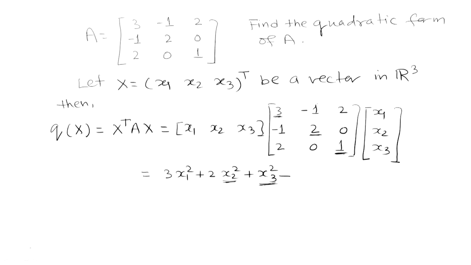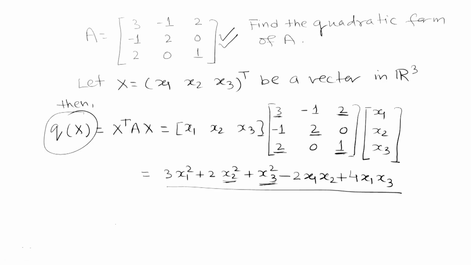Minus x1 x2 will come from here and x2 x1 will come from here, so minus 2 x1 x2. Similarly, 2 x1 x3 will come from here, 2 x3 x1 will come here, so the coefficient of x1 x3 will be 2 plus 2, which is 4. The coefficient of x2 x3 will be 0, as well as for x3 x2. So, this is the required quadratic form of the given matrix.